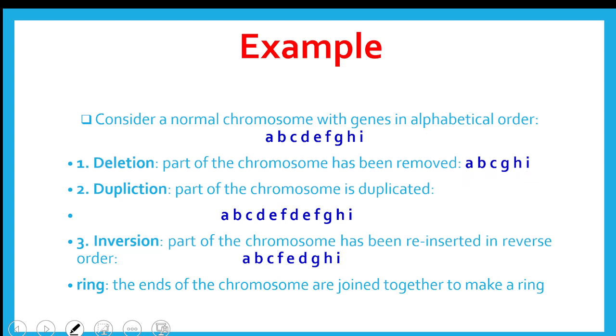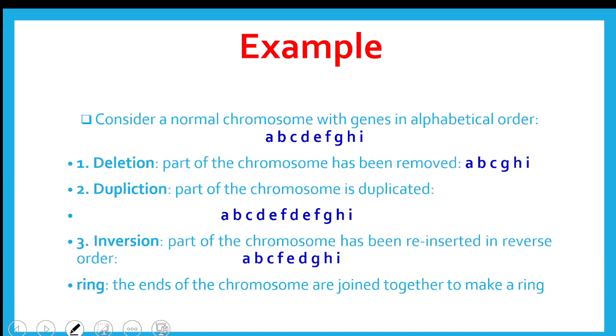In another case, duplication, a part of the chromosome is duplicated. That means this DEF is repeated, either at the same place or at a different place. When a segment of a chromosome with a few genes is repeated, we call it duplication.